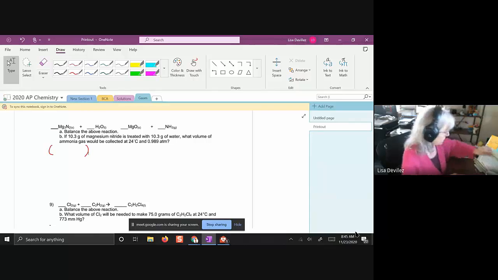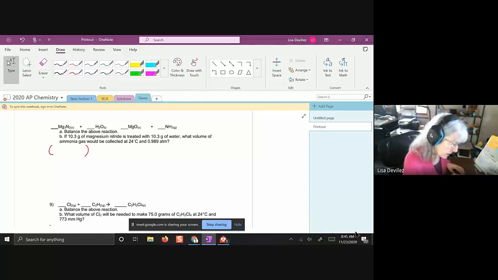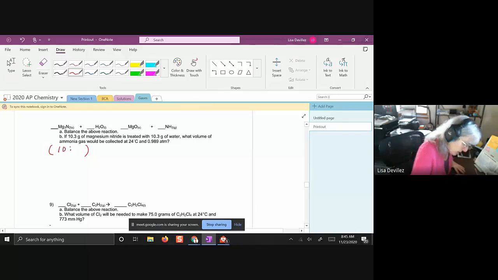Okay, 3 times 3 plus 2 nitrogens. So I'm getting 100.9. And then, of course, water is 18.02. And okay, so I have 10.3 and 10.3. Oh, and I probably need to balance this.